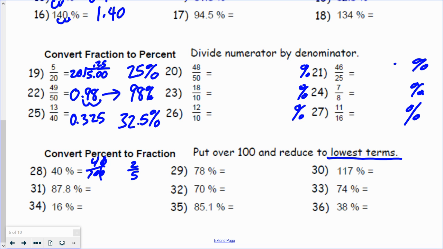Now, sometimes they're going to be not as obvious. Okay, though, let's see, I could probably divide that by 2. If we divide both by 2, we get 43.9 over 50.